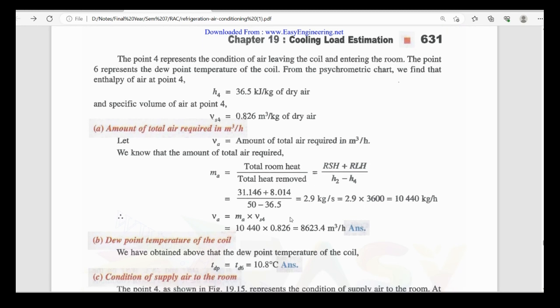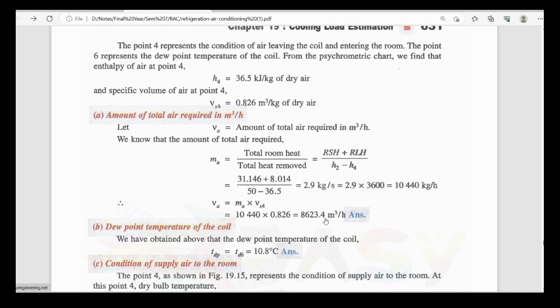In this way we get the mass of air Ma, which is 10440 kg per hour. We just have to multiply it with the specific volume, so we get 8623.4 meter cube per hour. They said to calculate in meter cube per hour, so that is the air required.